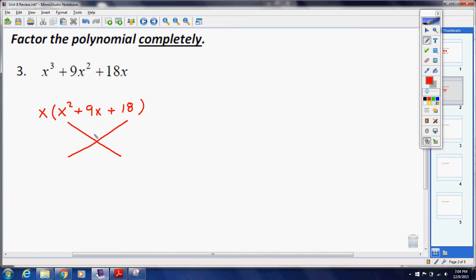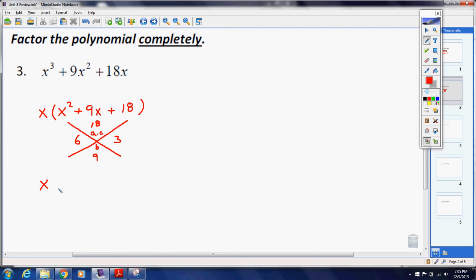Let's use the x method, organize our thoughts. Put a times c on top, b on the bottom. So 1 times 18 is 18. Drop the b term down, that's 9. What multiplies up to be 18 and adds up to be 9? Well, 6 and 3 multiply to 18 and add to 9.